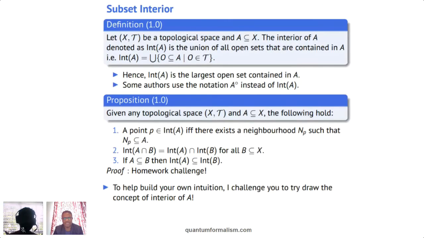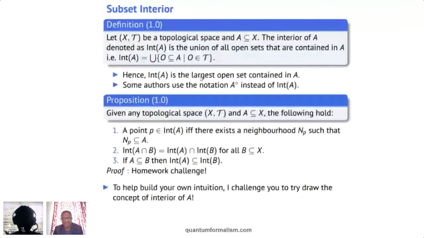So the first concept is the notion of the interior. Given a topological space and a subset A of the underlying set X, the interior is nothing more than the union of all open sets that are contained in A. More formally, it's something like this: all the open sets that are contained in A. The open sets, meaning they are part of the topology.